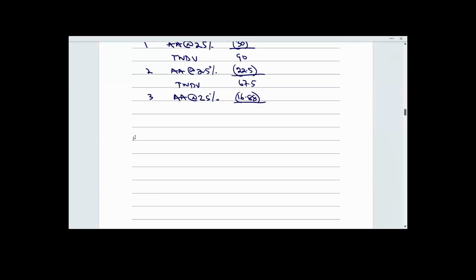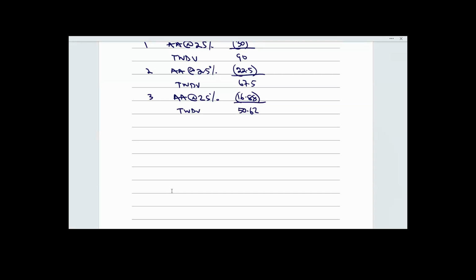All right, so 16.88. 67.5 minus 16.88 equals 50.62. So this represents the tax written down value at the end of year 3.